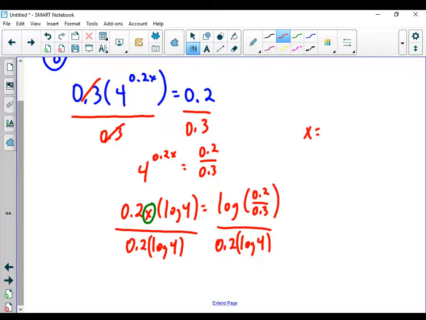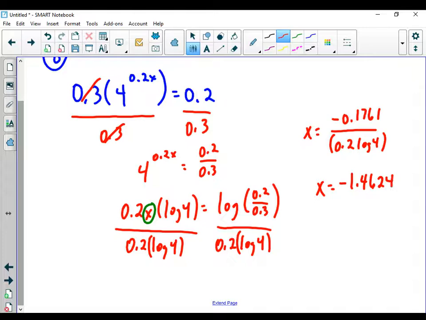So that gives me approximately negative 0.1761. Again, you want to keep that in the calculator. Divided by, now I have to put this in parentheses, 0.2 log 4. And so when I put that together, my x value comes out to be negative 1.4624.